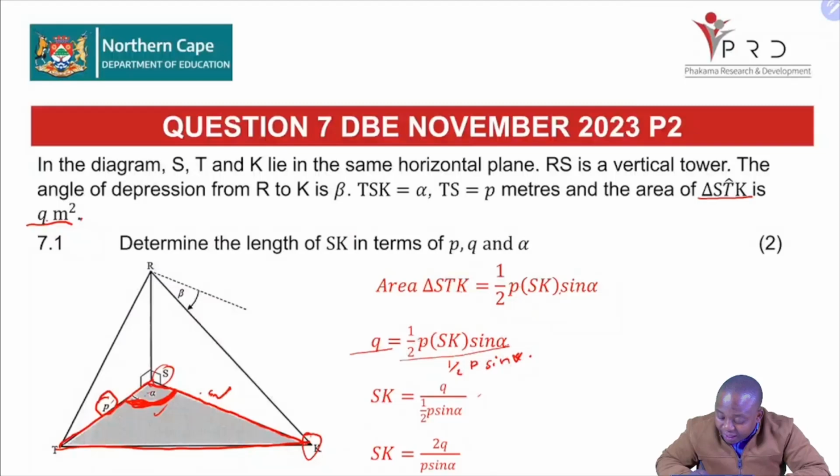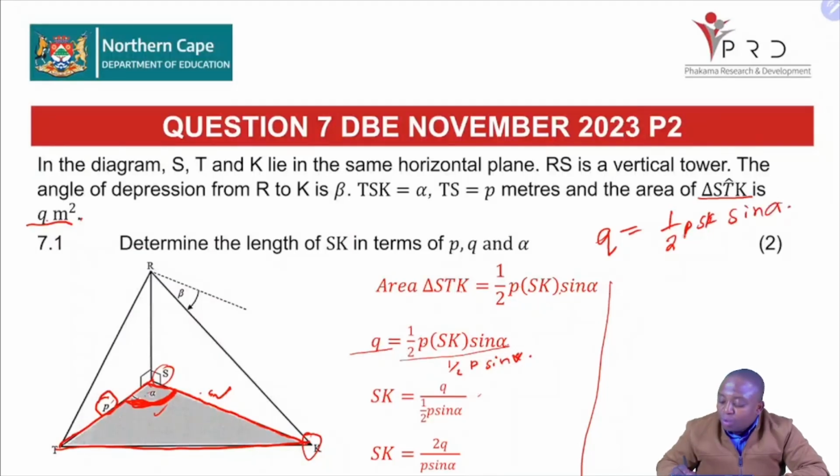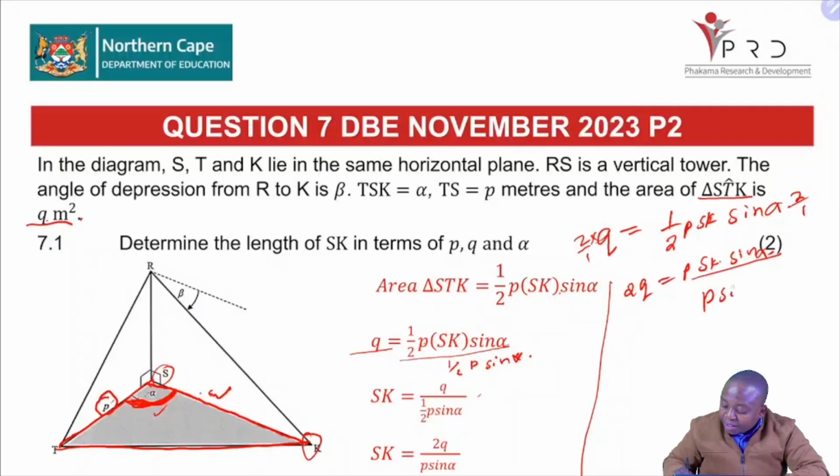Or, to make it easy, you could have just said Q is equal to 1 over 2 P SK sine alpha. So we can multiply by 2 over 1 first. Then we get 2Q equals P SK sine alpha. Then we divide by P sine alpha.